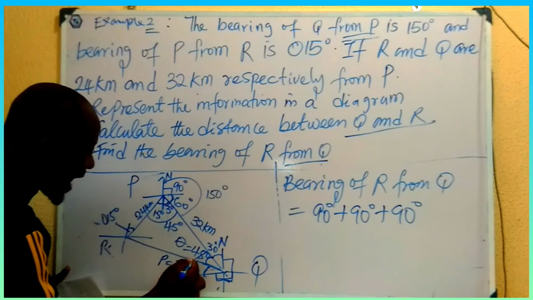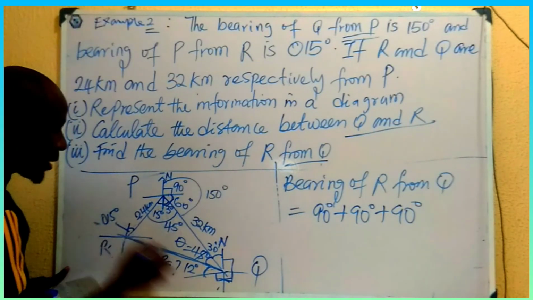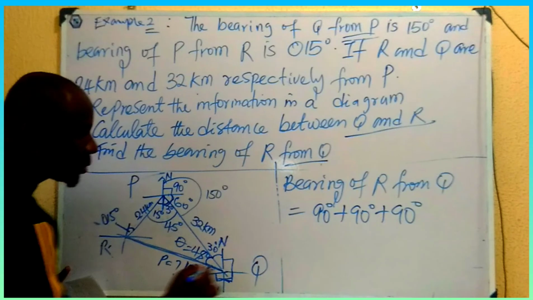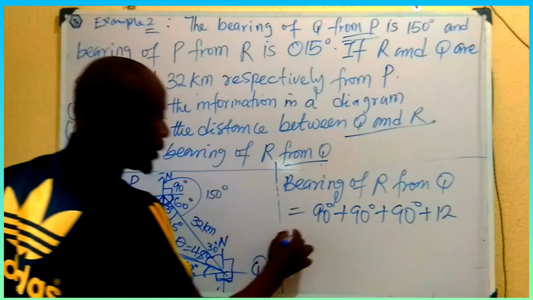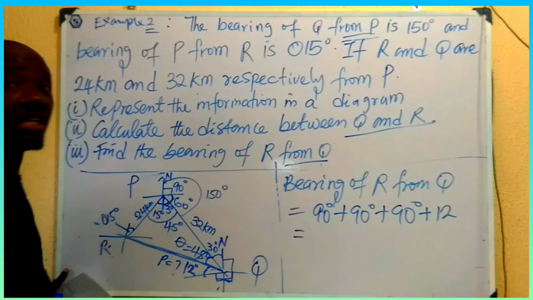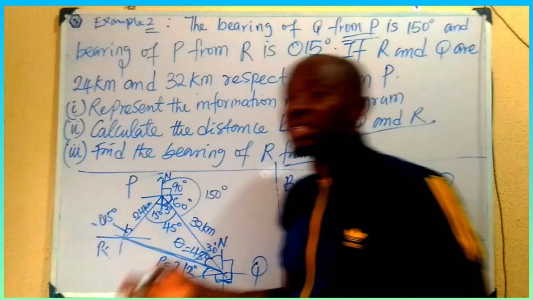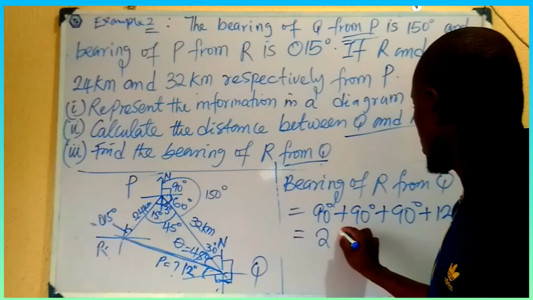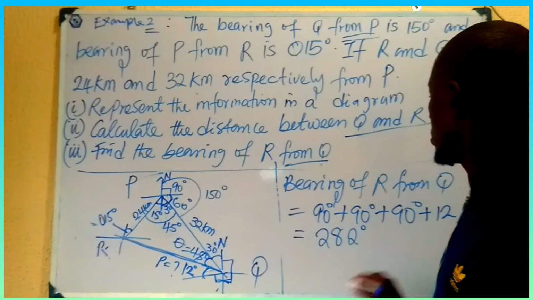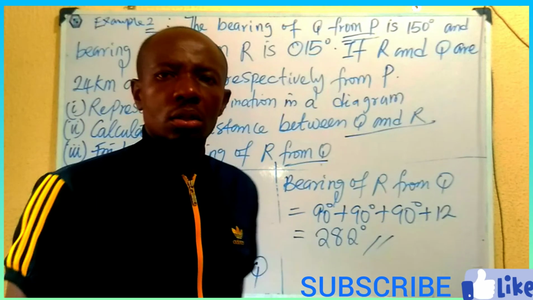This is the line that will take you back to R. So plus this angle, 12. If you sum everything, 90 plus 90 plus 90 plus 12 gives us 282 degrees. Very simple. Did you get it?